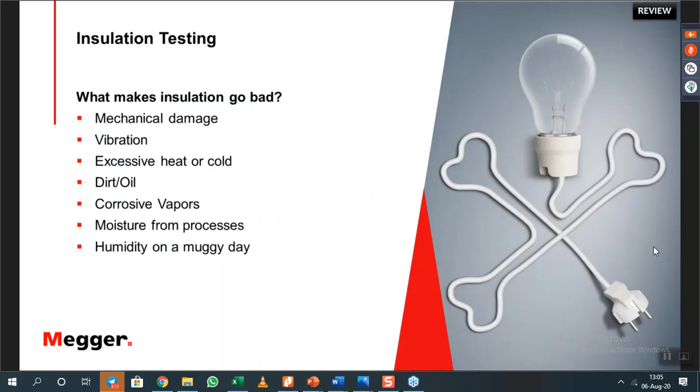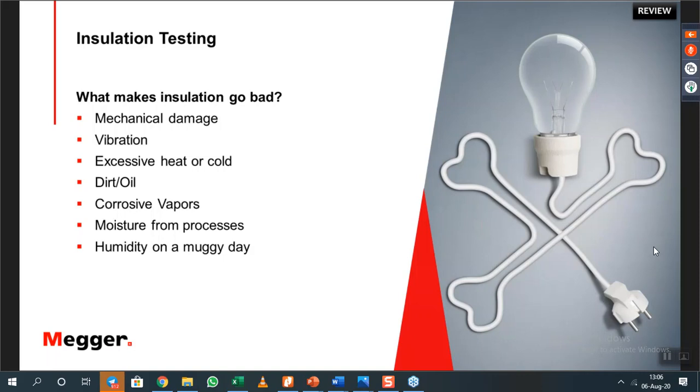But over time, we cannot avoid these enemies of insulation. Insulations are not the things that we install and forget. We have so many enemies for insulation. You have mechanical damage, vibration, excessive heat or cold, dirt or oil, corrosive vapors, moisture from processes, and even the humidity on a muggy day.